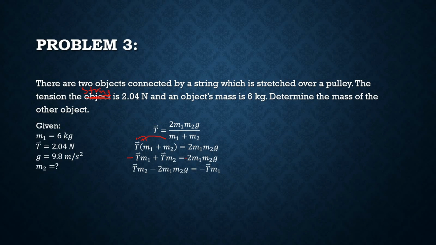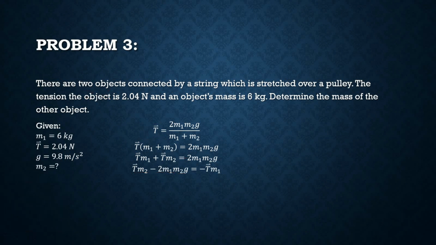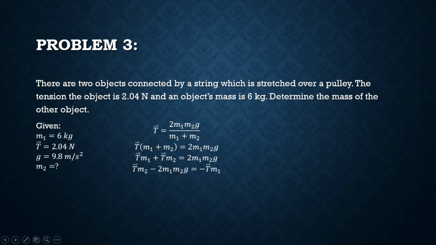In these two terms, you have two of the same thing, which is the m sub 2. So you factor that out, which will make m sub 2 times tension minus m sub 2 times m sub 1 times gravity.